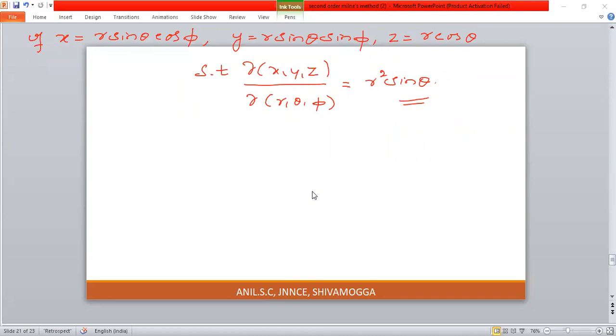Model question paper problem. You try this one. Anyway, I'll solve this in the next class. But you try this one by yourselves at your home.